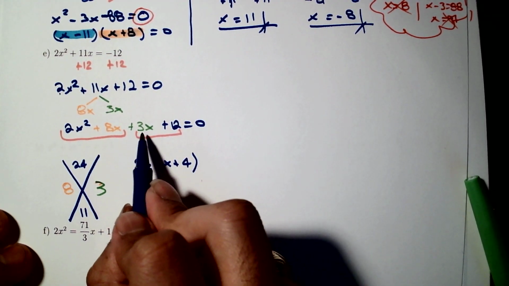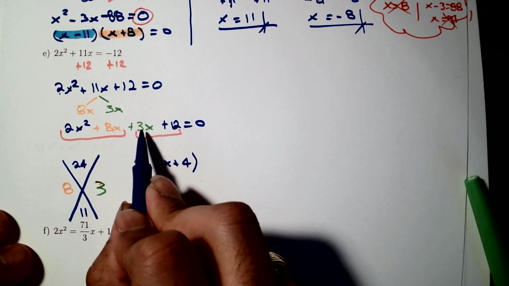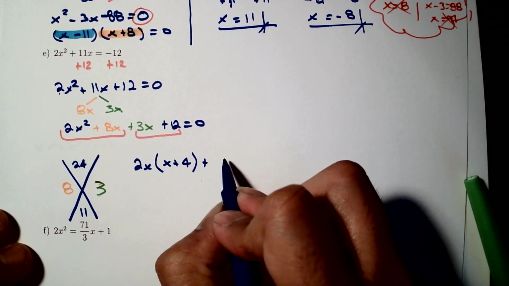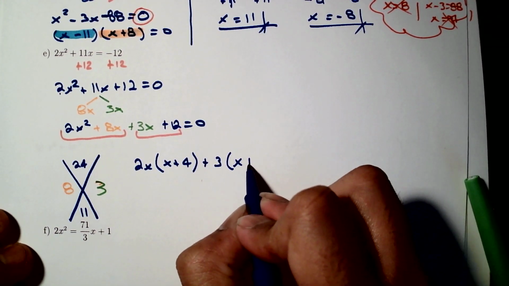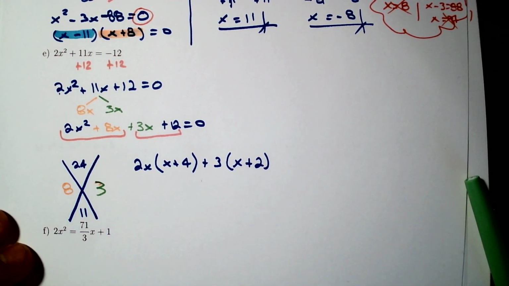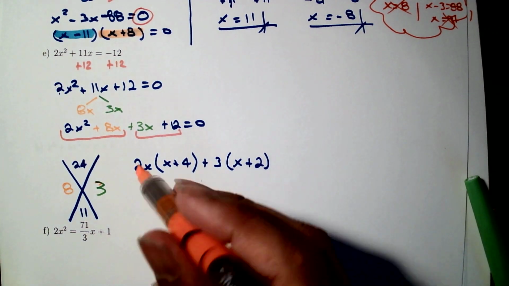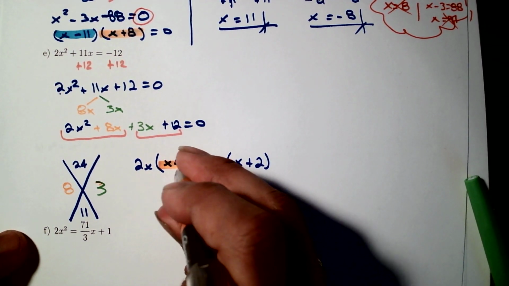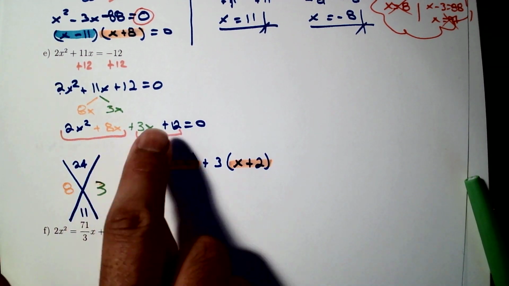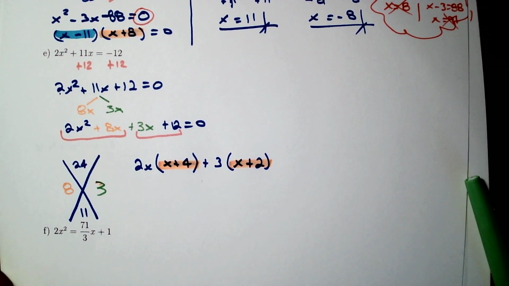And then I'm going to factor the GCF on the second group. If we look at these two terms, between 3 and 12, they have a 3 in common, x plus 4. And again, observe how these two are always the same. If you don't get these the same, then double check your calculations in the diamond or when we're writing the polynomial or the equation.